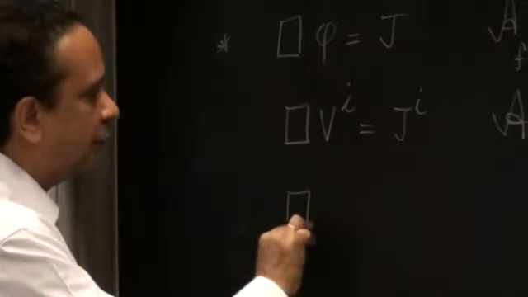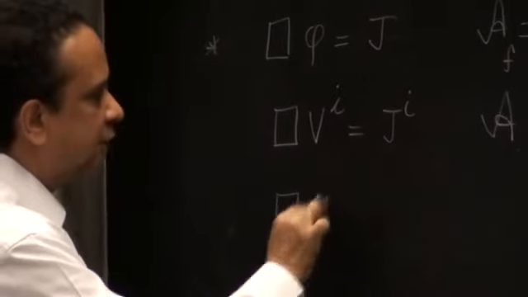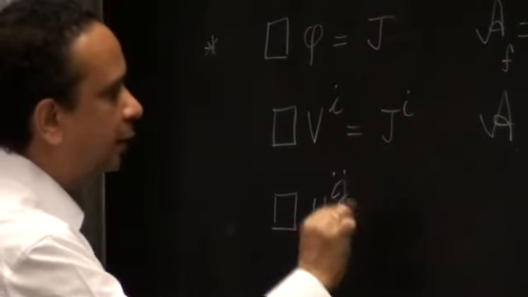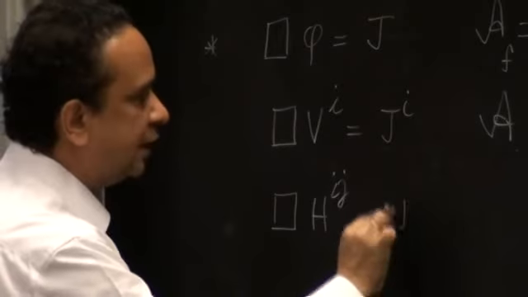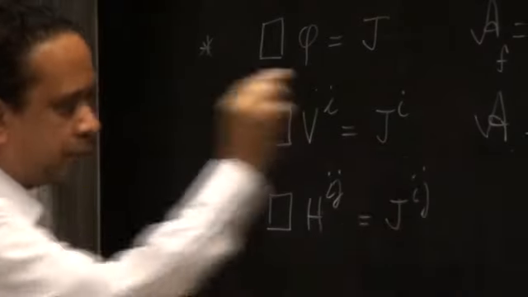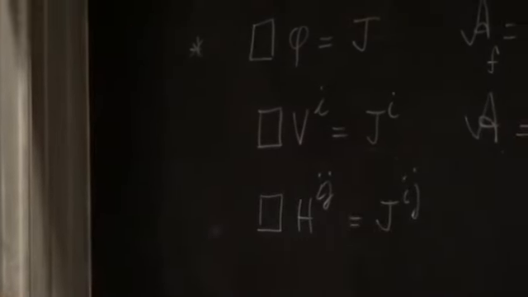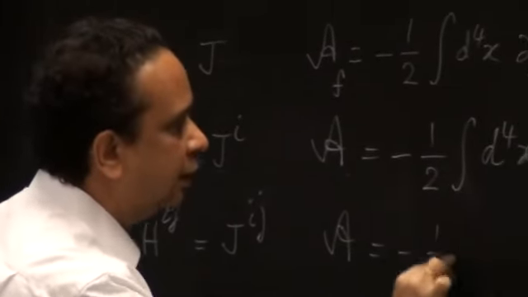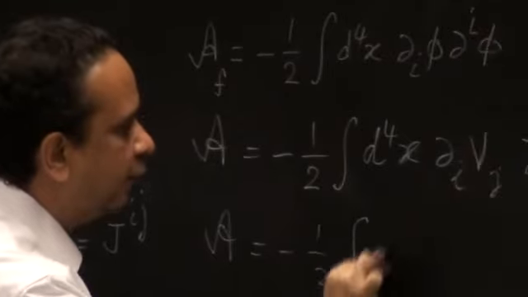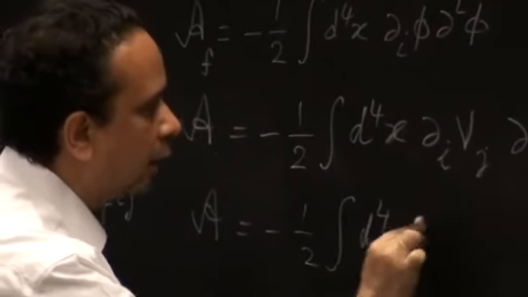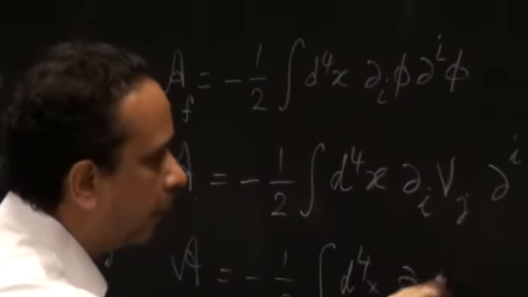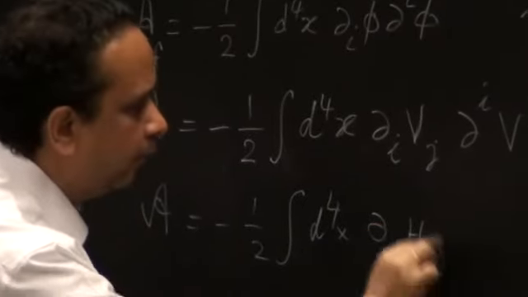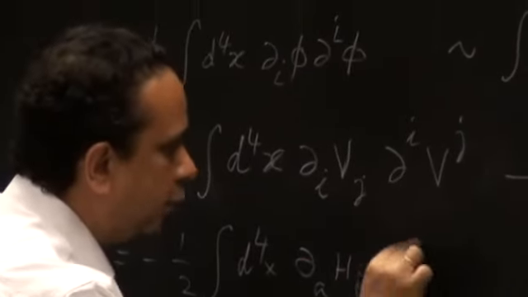Suppose I want a theory for a field which is a second rank symmetric field, which has, let us say, J_ij as the source. So again, the naive action you would write down will be minus half integral d^4x of d_A H_ij d^A H_ij.